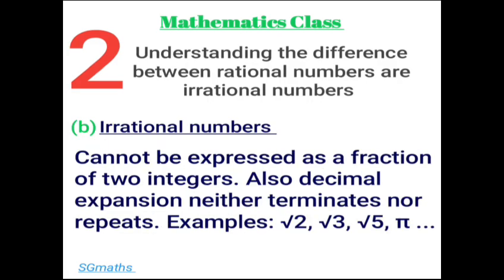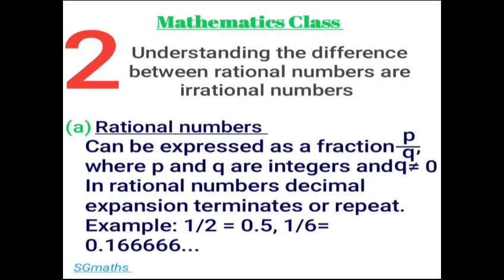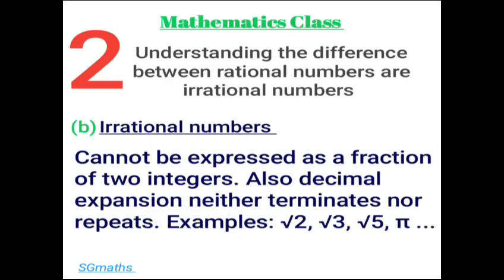So that is just the difference between rational numbers and irrational numbers. For rational numbers, the decimal expansion terminates or repeats, and for irrational numbers, the decimal expansion does not terminate and it does not repeat.